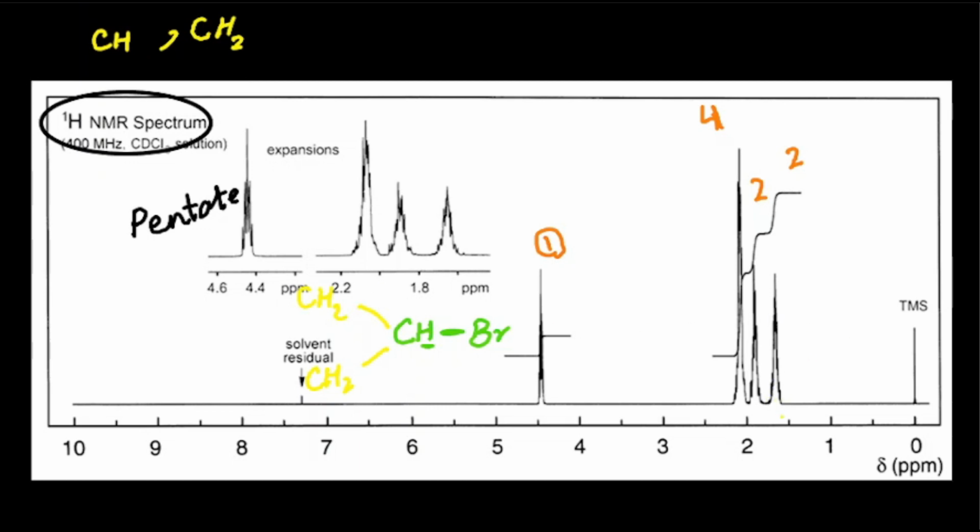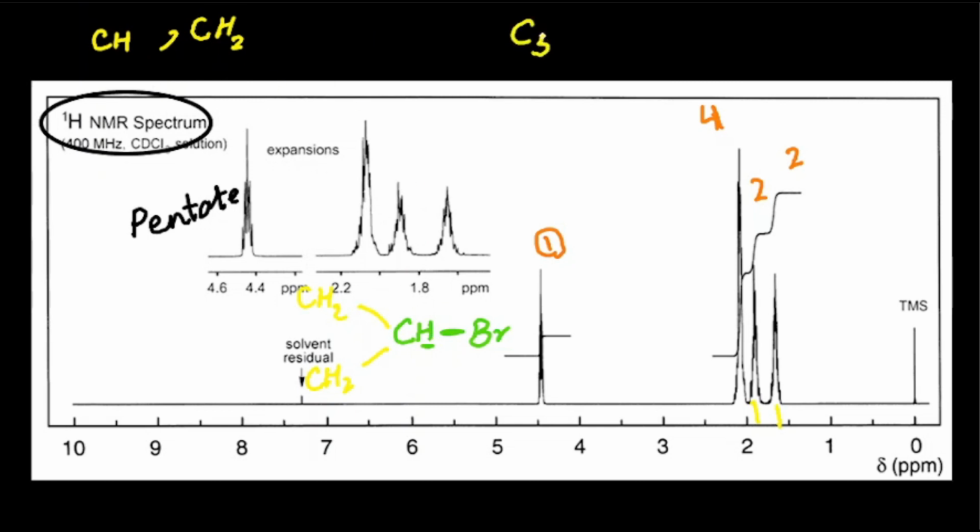Now here and here, 2 hydrogens are present; we will solve it later. First, 4 hydrogens are present here. It means that it may be possible. Only one CH was present, so now only the CH2 groups are left.